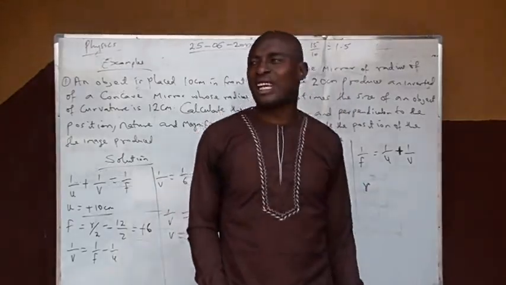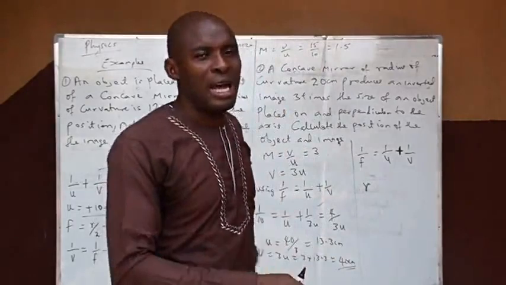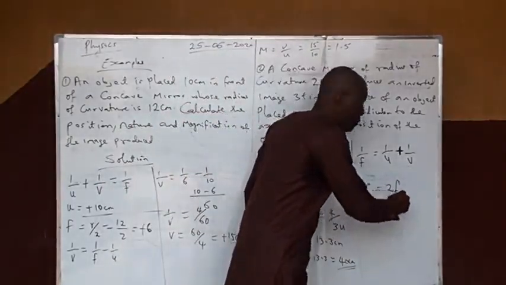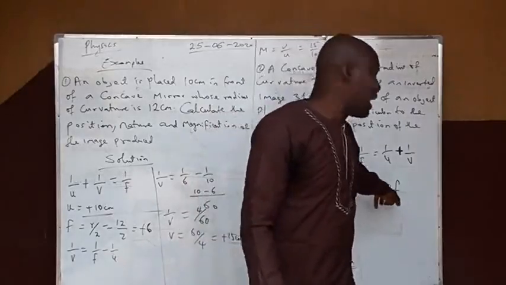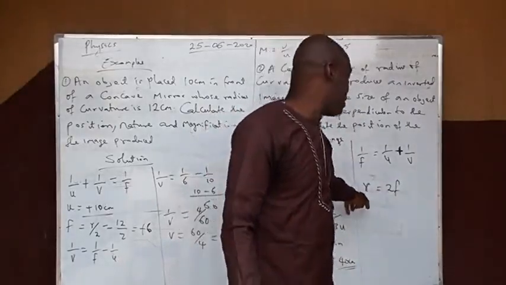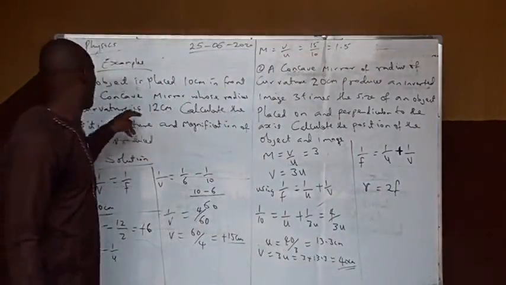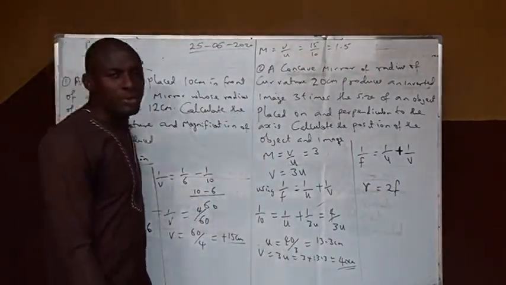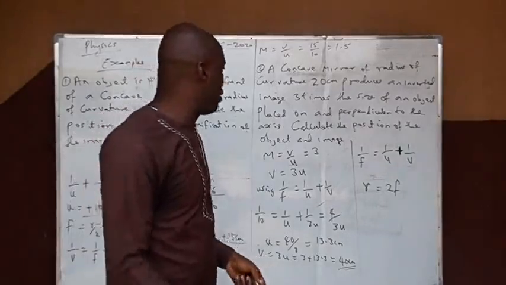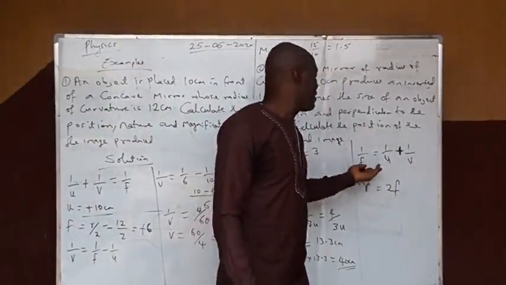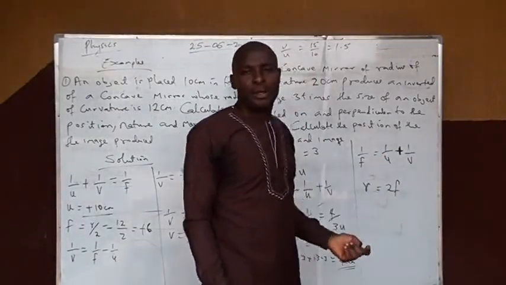is the distance between the pole of a mirror and the center of curvature, and it is given as 2f. That means 2 times focal length will give us the radius of curvature. In this case, from the equation given, they gave us the radius of curvature. But if you look at the mirror's formula, you see that there is no r here.